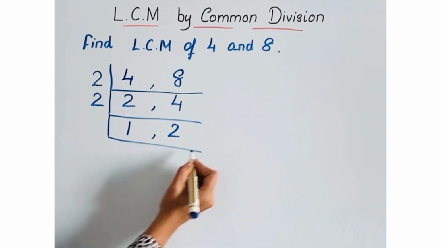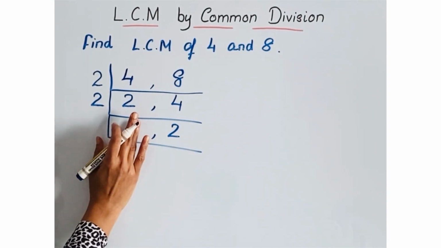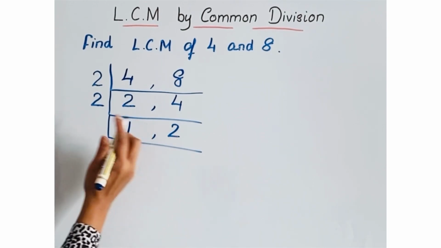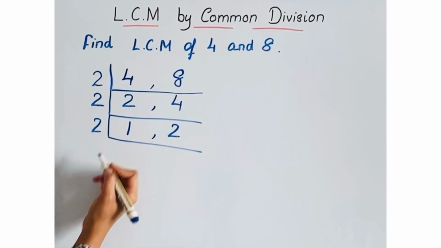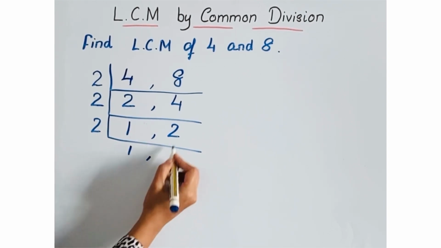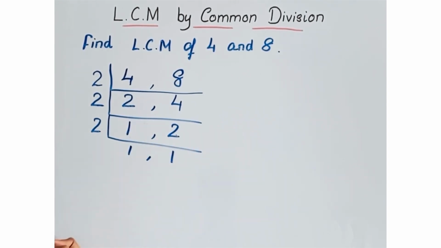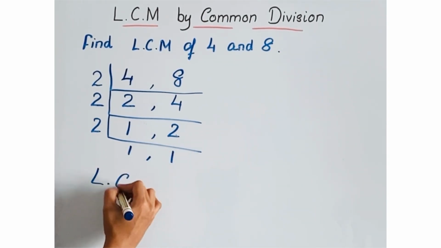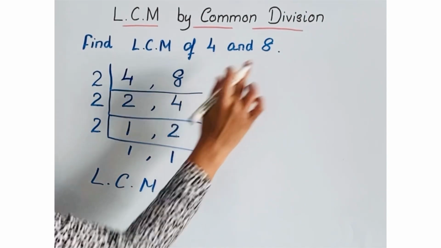Next, if this becomes 1, leave this number and check the factor of this number. As it is 2, you can use the least even number 2 to divide it. So it's 2 divided by 2, 1. Now, if it becomes 1, you can stop here and tell the LCM of these numbers 4 and 8.